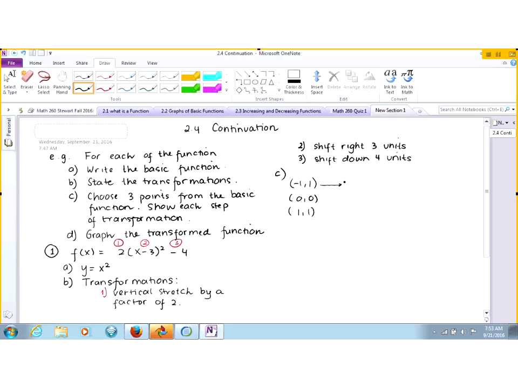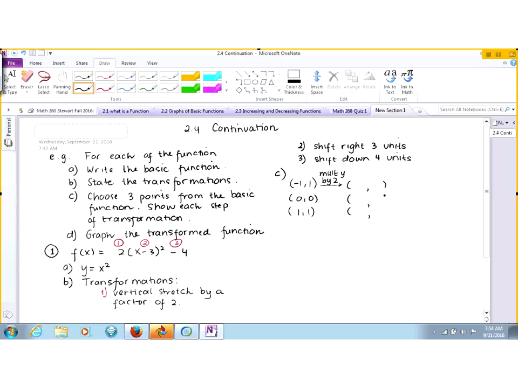Now, let's apply each of the transformations. Vertical stretch by a factor of 2. Does it affect x or y? If you have a vertical stretch, does it affect x or y? Y. So actually, we multiply y by 2.